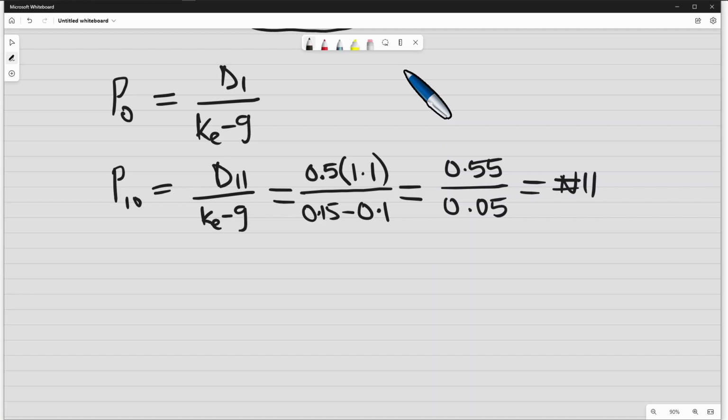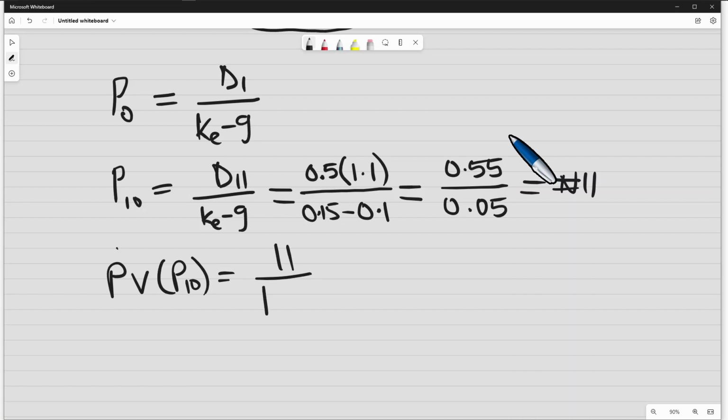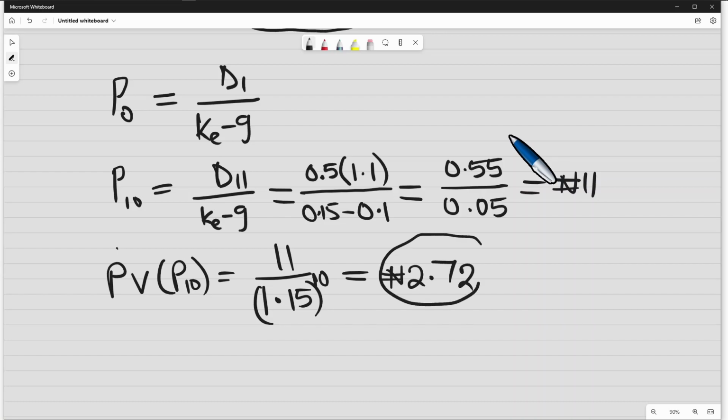So we find the present value of this. The present value of P10 will be 11 all over 1.15 raised to power 10, and that gives us 2 naira 72 kobo. This is the second part.